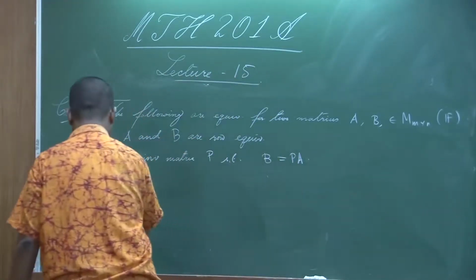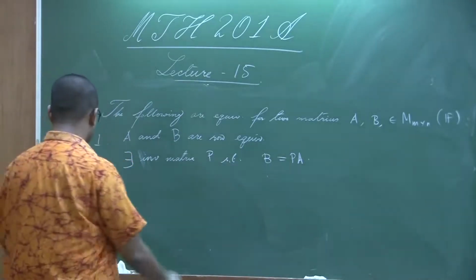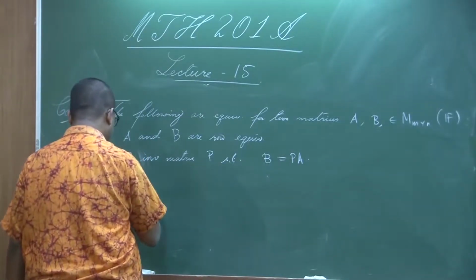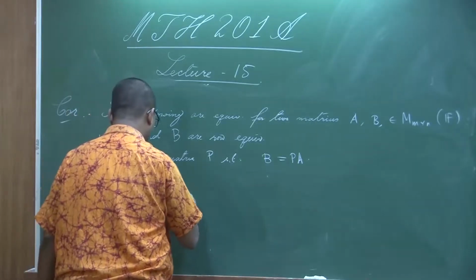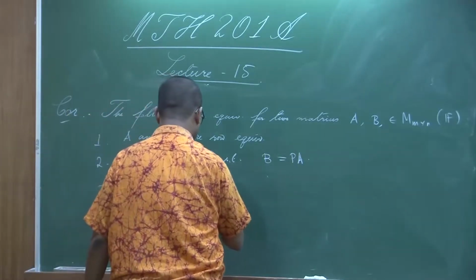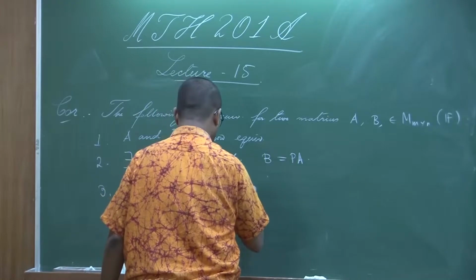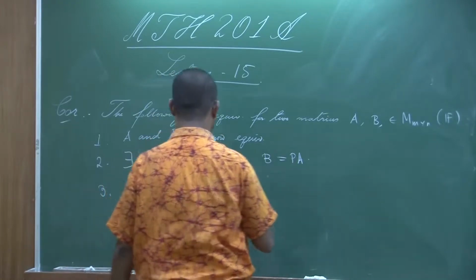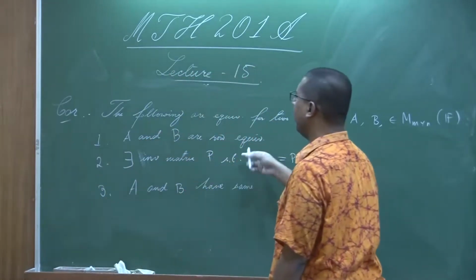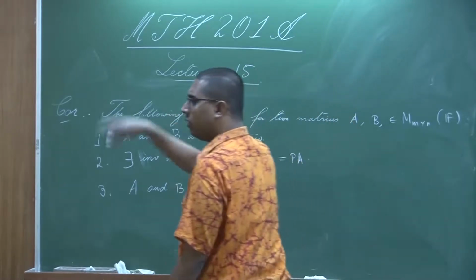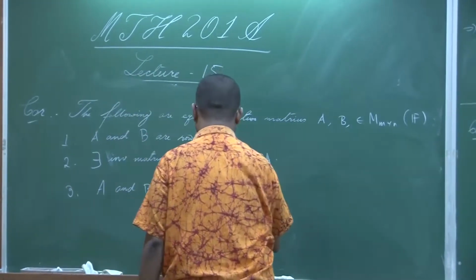And the third one is they have the same row space. Now you see, row equivalence has been converted to the situation of having the same row space.